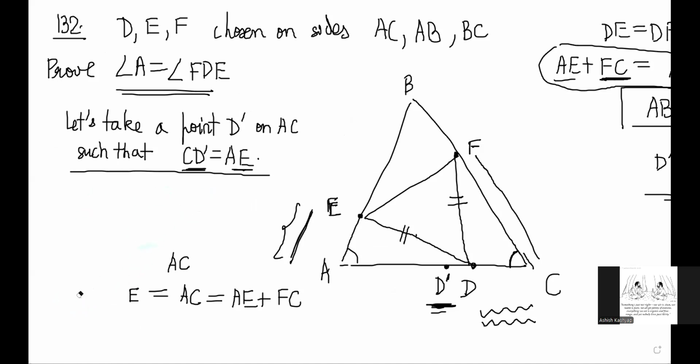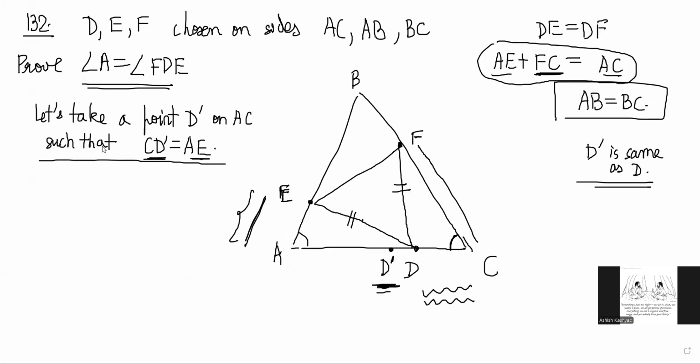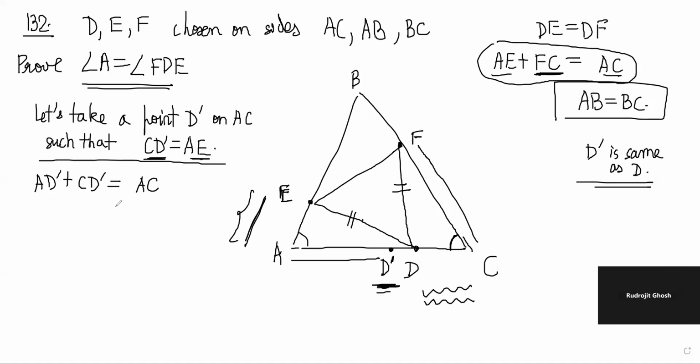I have assumed CD dash is equal to AE, right? What I'm saying from there is that AD dash plus CD dash is clearly AC, right? And from here I can say AE plus FC is AC, right?